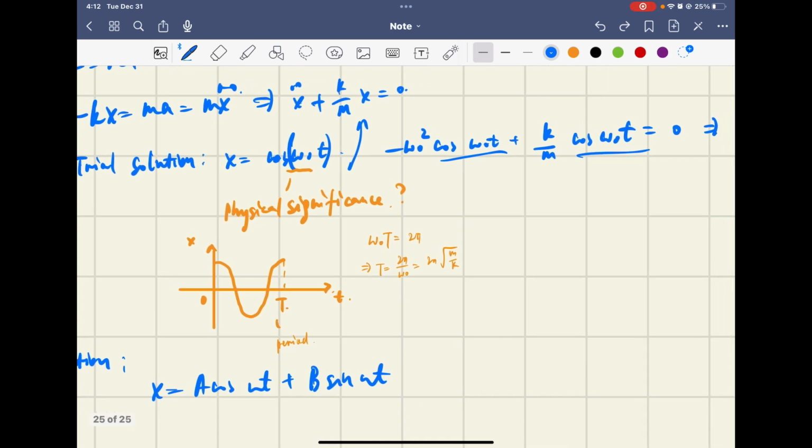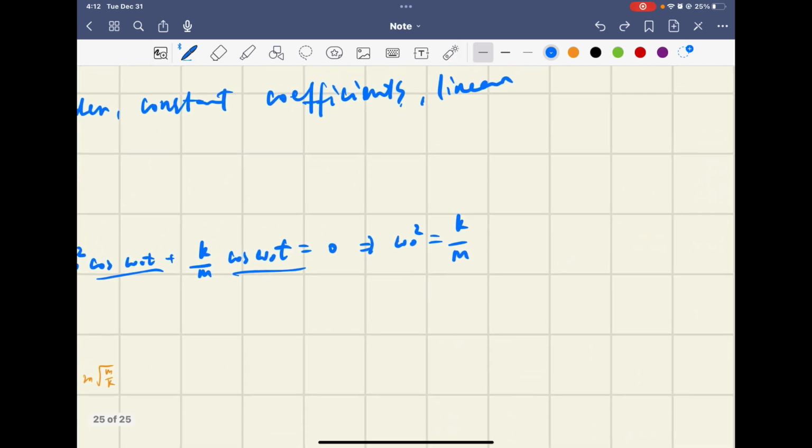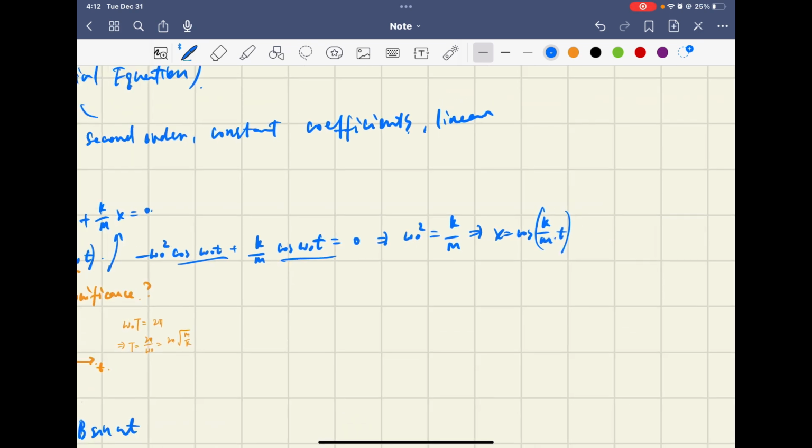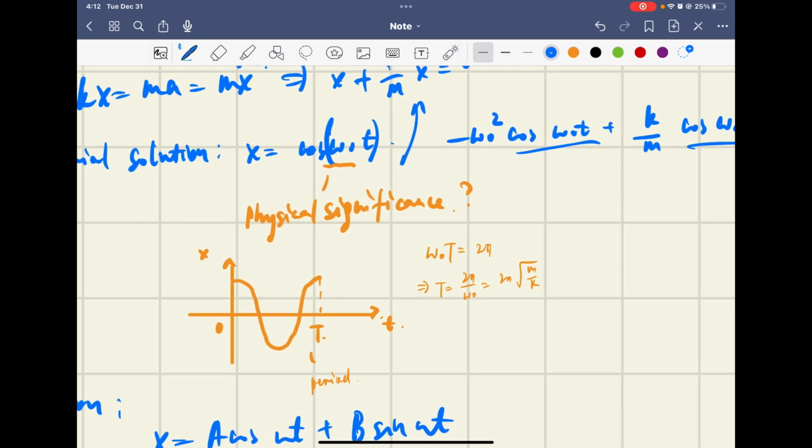Okay, let me write this out. So the solution should be x equal to cosine of square root of k over m times t. Okay, this is a solution. You can see it's a cosine function, so it should have a graph like this. It's a graph of x as a function of t.